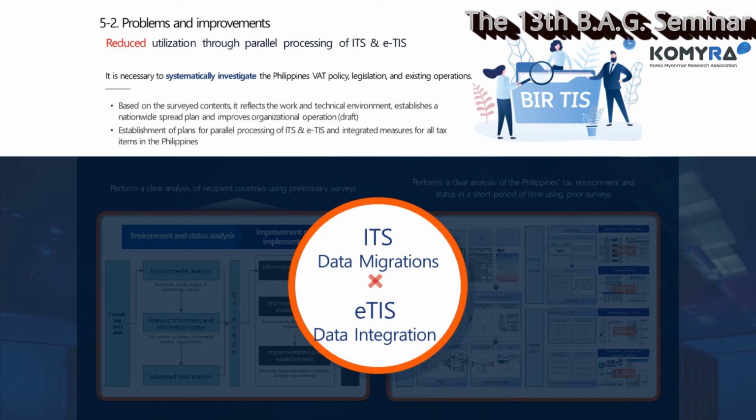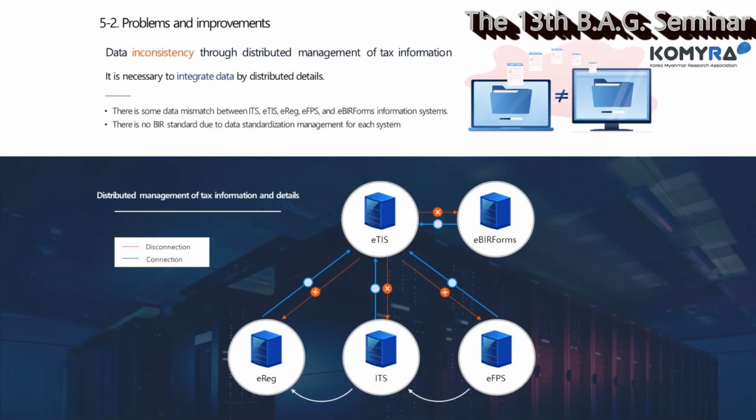First, we need to solve the problem of reduced utilization caused by the parallel processing of the ITS and ETIS. So this project will migrate the existing BIR tax system or perform data integration. And we will solve the problem of data inconsistency caused by the disparate management of tax information.